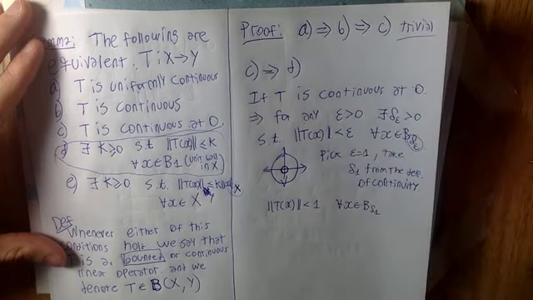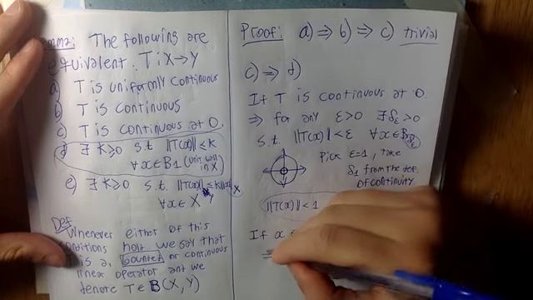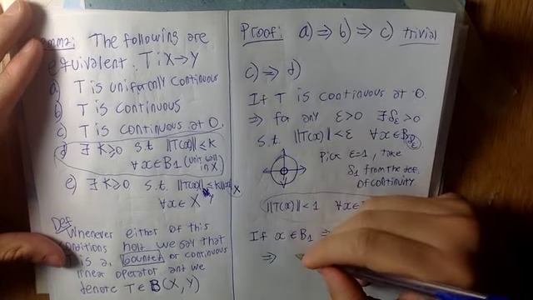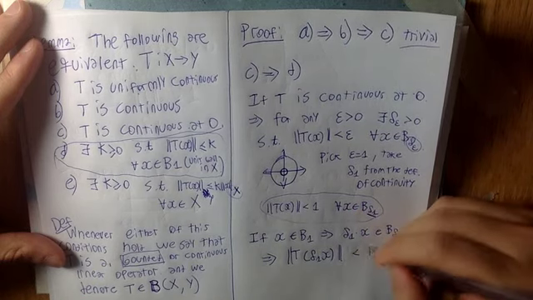If x is in B1, then delta 1 times x is in B delta 1. Therefore the norm of T of delta 1 times x is less than 1.